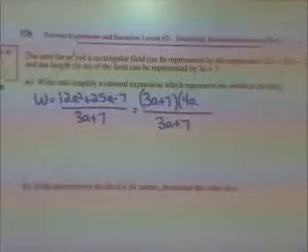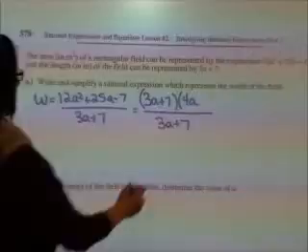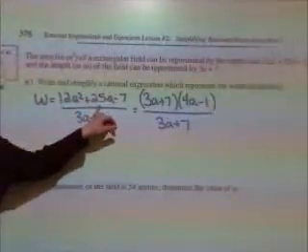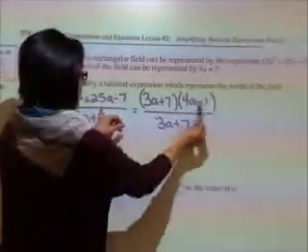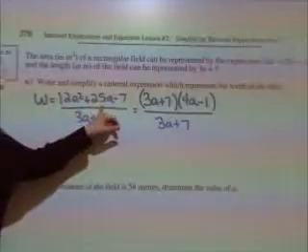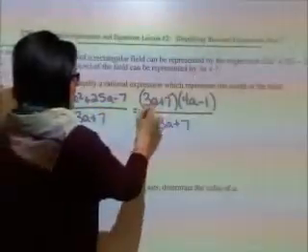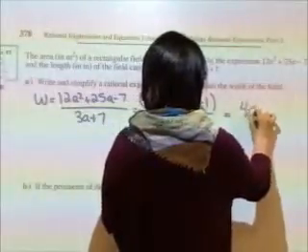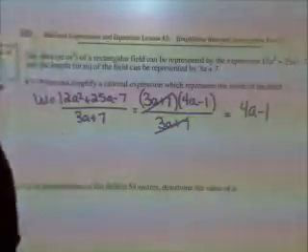If I have 3a, what do I multiply it by to get to 12a squared? And if I have 7, what do I multiply it by to get negative 7? Negative 1. The only other thing I'm going to do is check that my middle term would be 25a. Negative 3 and positive 28 equals 25. This allows me to cancel out my common factors and leaves me with 4a minus 1 as my width.